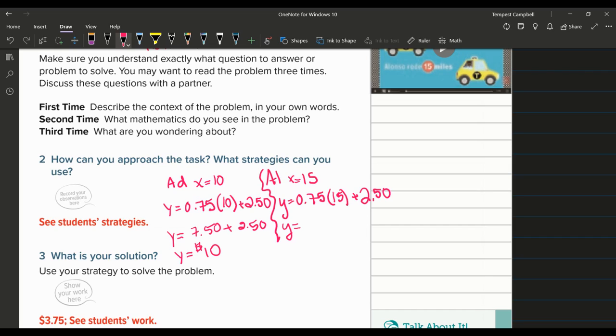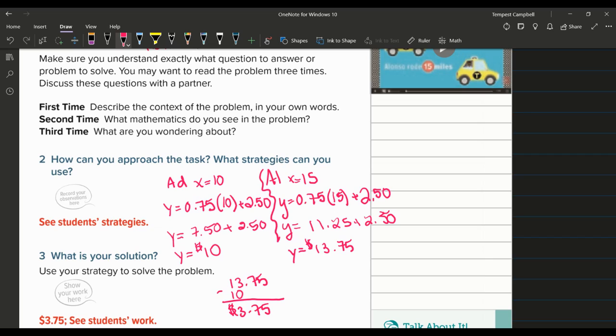So we have 75 cents times 15. We get $11.25 plus $2.50. And so the total cost for Alonzo is going to end up being $13.75. And so when we look at the difference, if we do 13.75 minus 10, what we're going to end up with is $3.75.